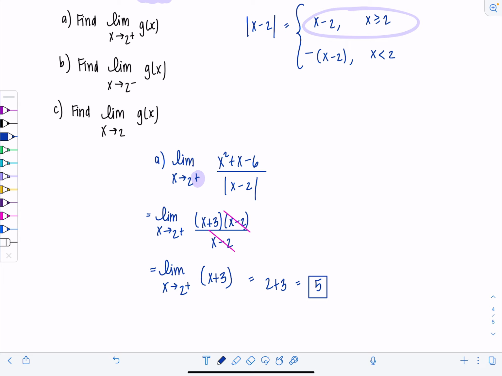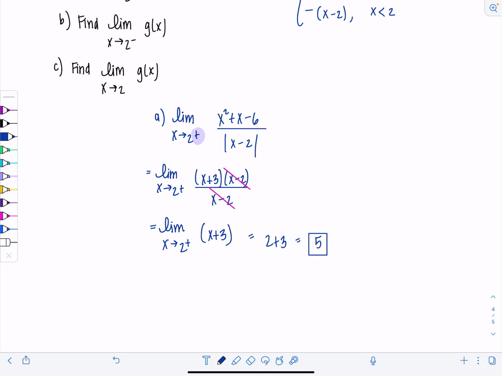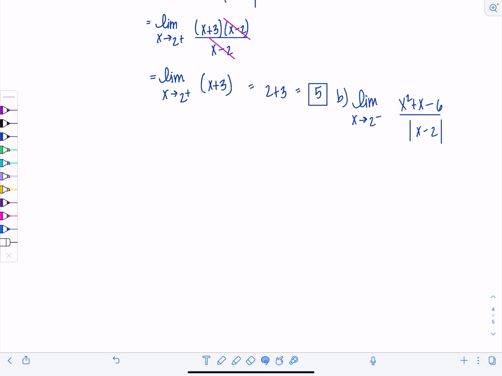All right, good. Part B, now we're finding the limit as x approaches 2 from the left. All right, so B, limit x approaches 2 from the left of x squared plus x minus 6 over absolute value x minus 2. Okay. You know what? I kind of want to move this over so we can still see both at the same time.